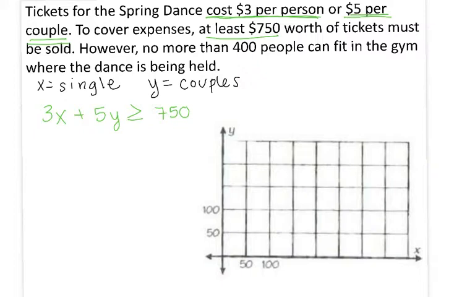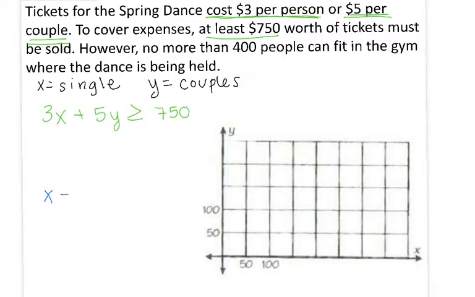But no more than 400 people can fit in the gym. So we need to write an equation for how many people can be in the gym. So we know that x will represent how many of the single people will be there, but y represents couples, and couples are 2 people.